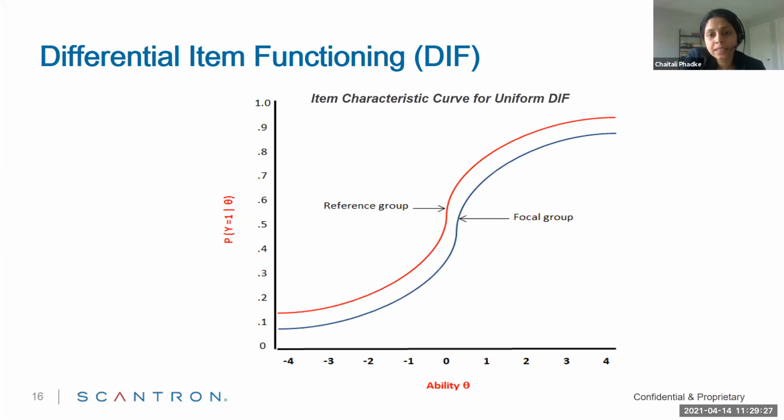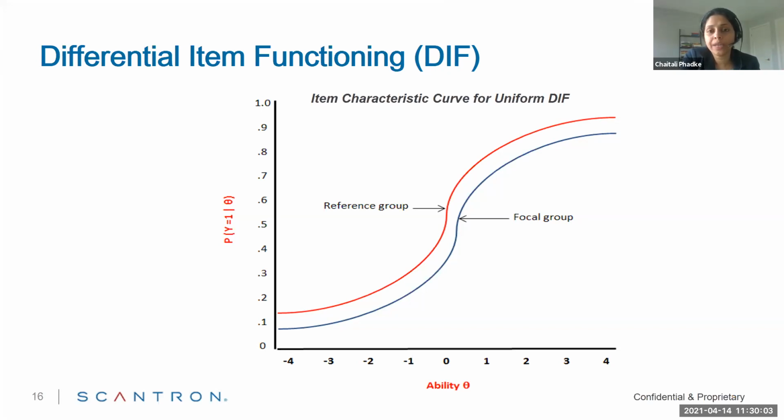On the horizontal axis, we have candidate ability plotted, and on the vertical axis, we have the probability of a correct response to that particular item. Just for simplicity of understanding, the reference group is the group assumed to be at a higher advantage in answering that particular item, and the focal group is usually a group that is at a disadvantage of answering that item. Now, how do we tell that this particular item has DIF?